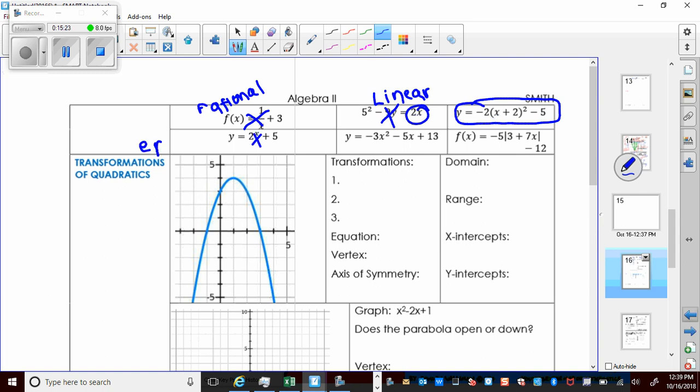When you have a number to the power of x, this is an exponential function. What about this one? Yes. We can see it. What about the last one? No. Who said yes? No. What kind of function is this? Absolute value.